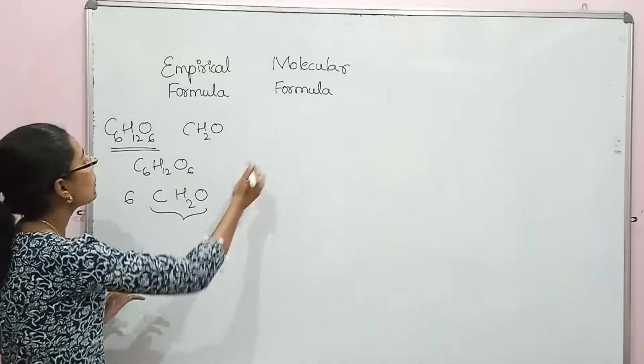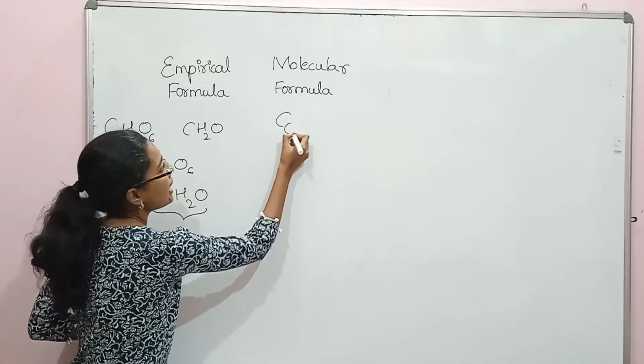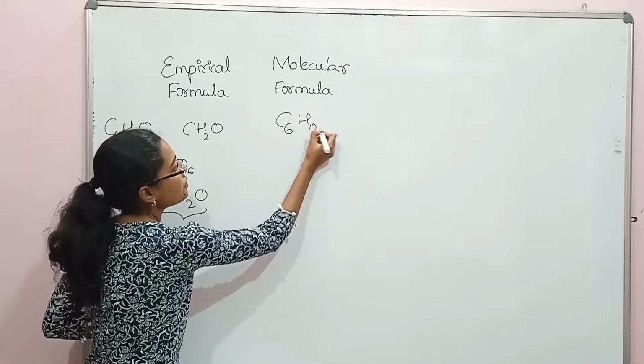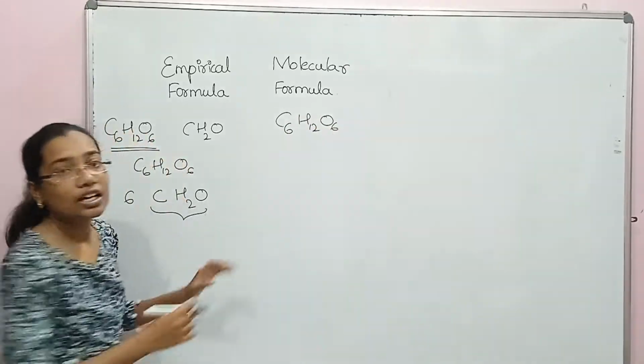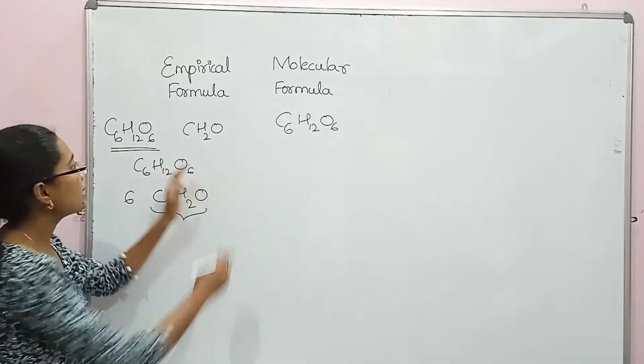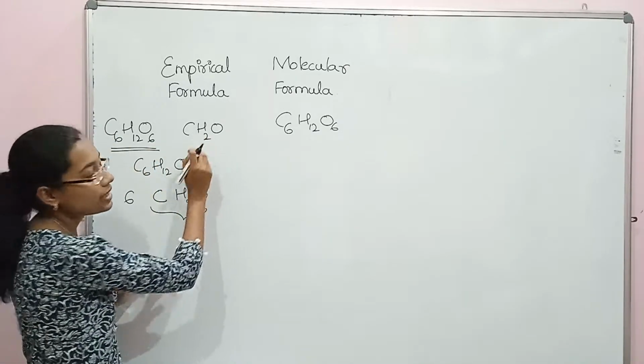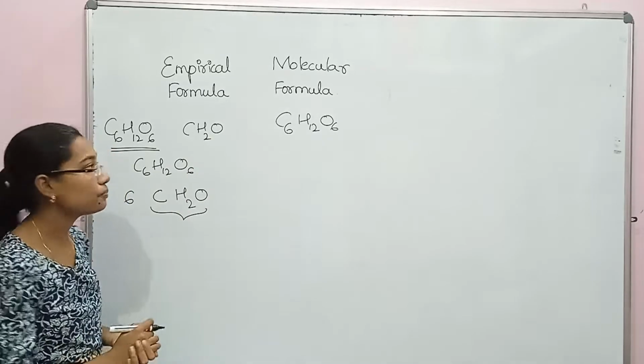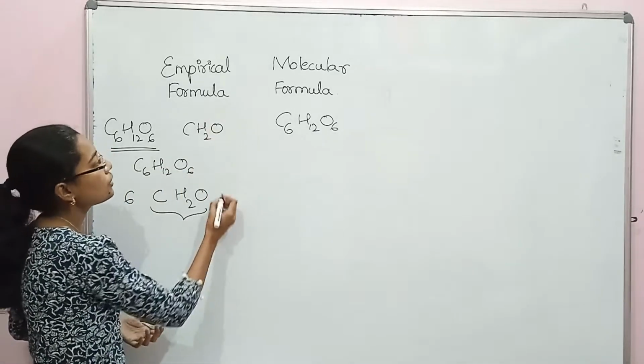But what is the molecular formula? The molecular formula gives the exact number of different atoms present in that compound or molecule. Here, this is the molecular formula and this is the empirical formula. This is the main difference between these two. And how do we get the molecular formula?